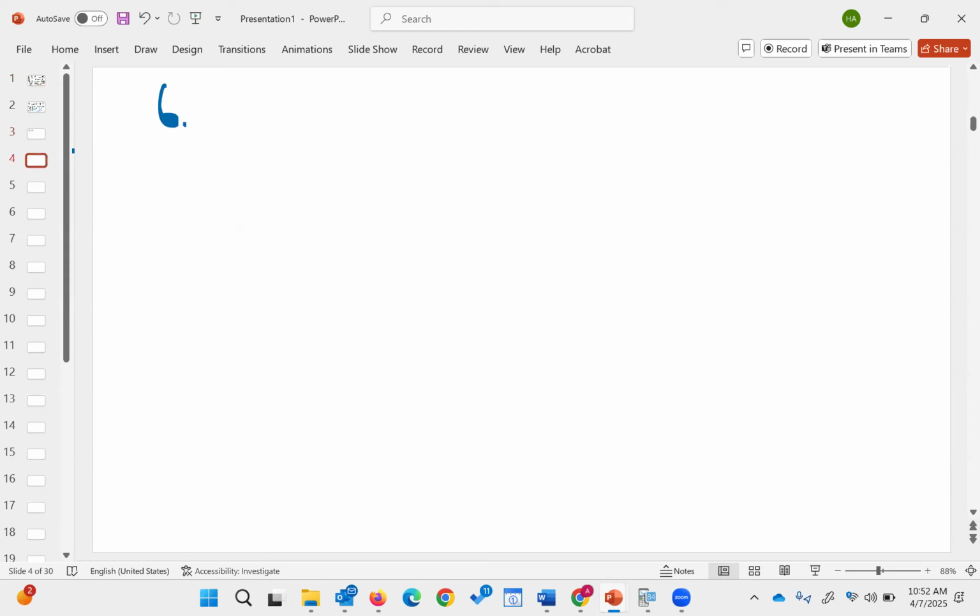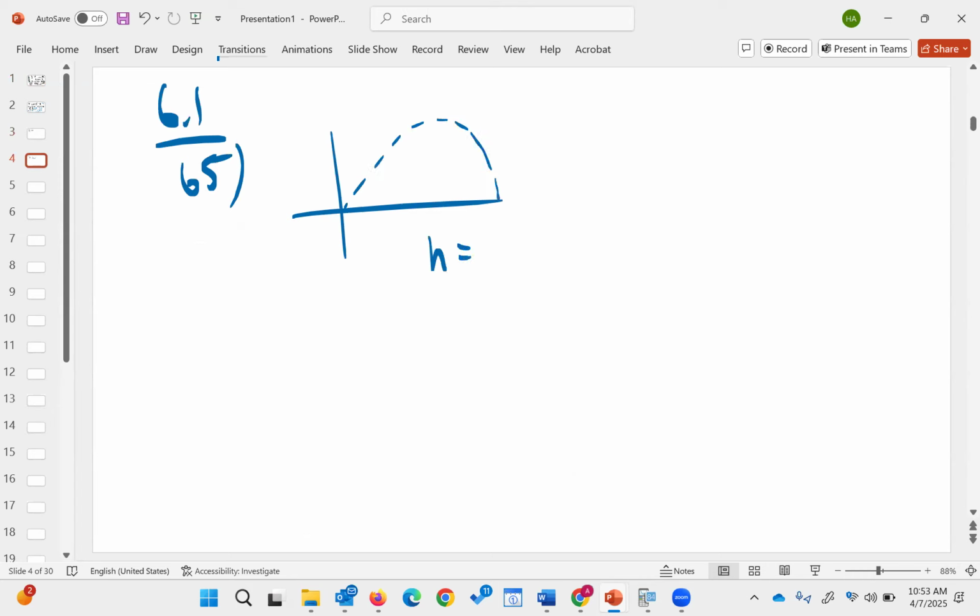So this is 6.1, number 65 is the honors question. So something fires off the ground, it goes like that, it comes back. The height equation is in terms of gravity taking over and in terms of the velocity it was shot at and the angle.